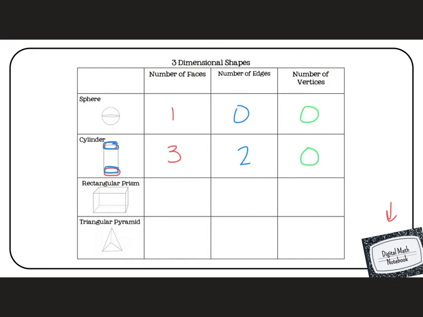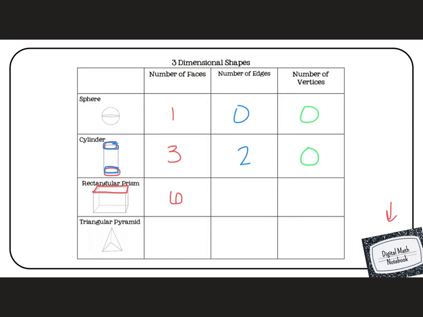Our next shape is another type of prism. But instead of a cube, you can see this one's kind of stretched out. It's a rectangular prism. It has 1, 2, 3, 4, 5, 6 faces, just like a cube.